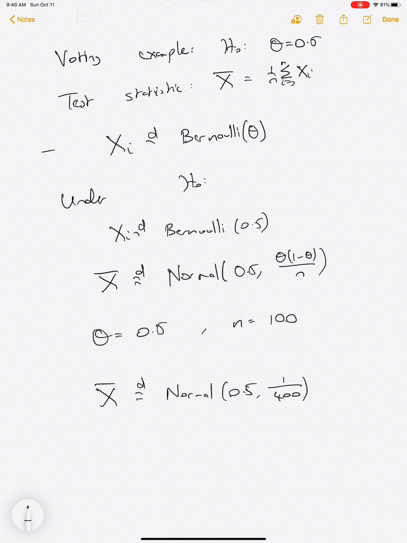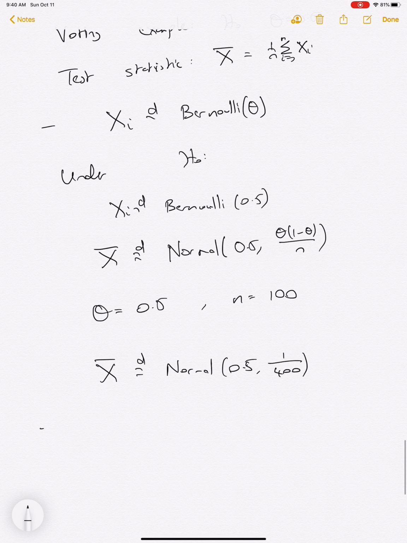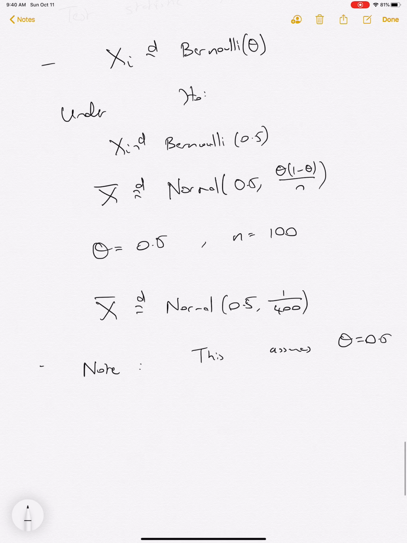Okay, so this is the distribution, and note that this assumes theta equals 0.5, which is the assumption of the null hypothesis.